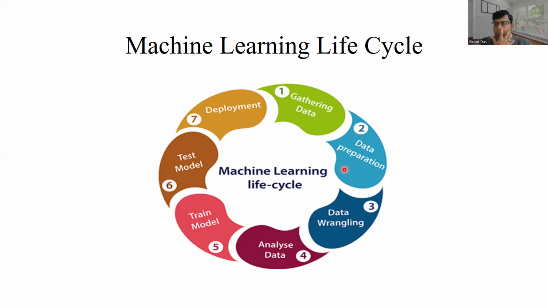Then we do data wrangling, refining the data again, and then analyze the data, train the model, test the model, and then deploy the model. In training, we use this data, and for testing, new data is tested by the built model. Finally, if it gives better results, we deploy the machine learning model.